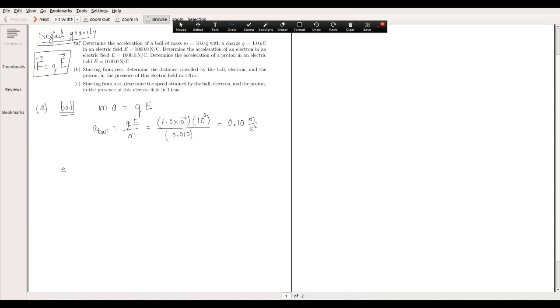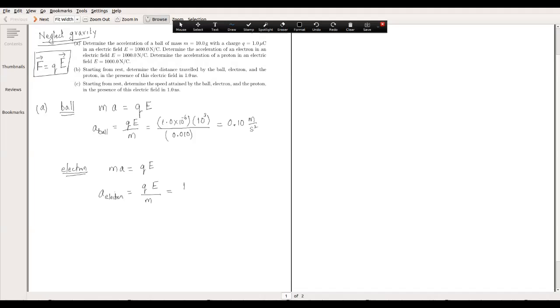So next is an electron. We have mass times acceleration is equal to, again, Q times E. And the acceleration of the electron is, explicitly, the charge of the electron times the electric field, which remains the same, divided by the mass of the electron.